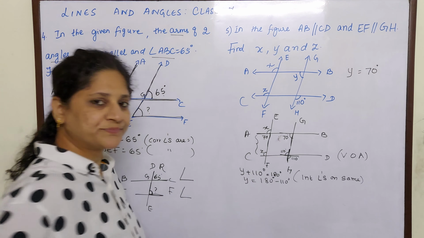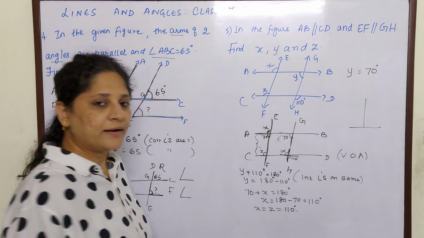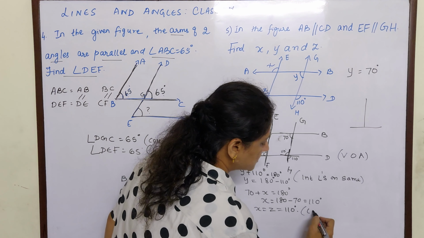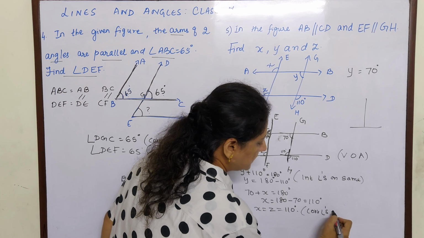Now you see children, x and z both are lying on the left hand side and they are lying above the line. So x is equal to z because they are corresponding angles. So if x is 110, z is also 110. Reason being corresponding angles are equal.